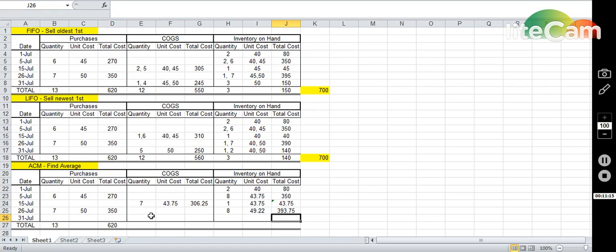And now on the 31st, we're going to sell 5. What 5 are we going to sell? The 5 for 49.22. So now my total cost. So I have 3 left over for the 49.22, my average cost. I'm going to go ahead and multiply this.